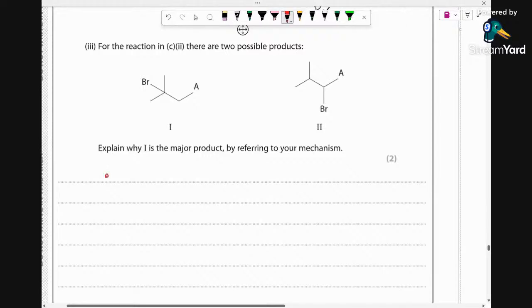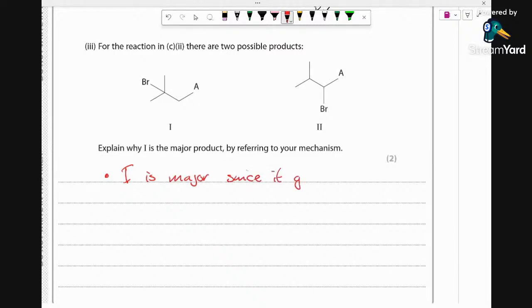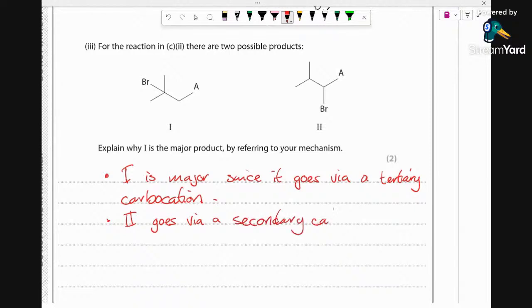Yeah, figured. 1 is major since it goes via a tertiary carbocation. 2 goes via a secondary carbocation.